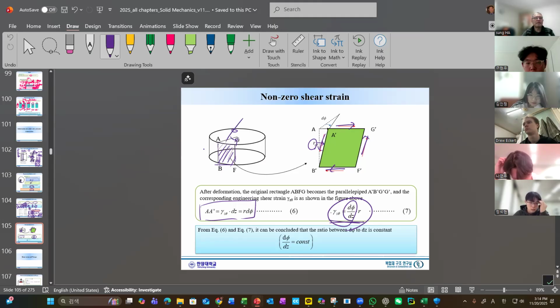D phi dz times R, because d phi is this one. I know this topic is new to you, but just try to understand the generic concept flow. And so d phi dz is the angle changing rate and proportional to R. That is the gamma. And d phi dz is a constant.